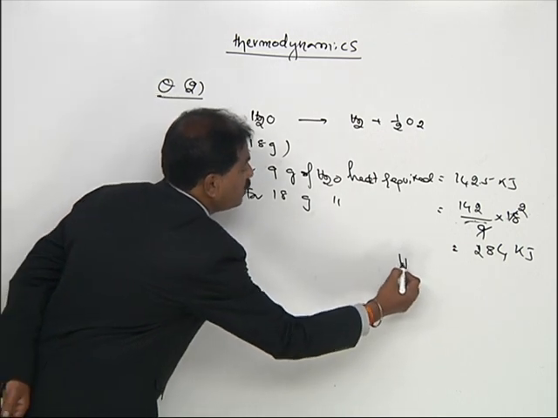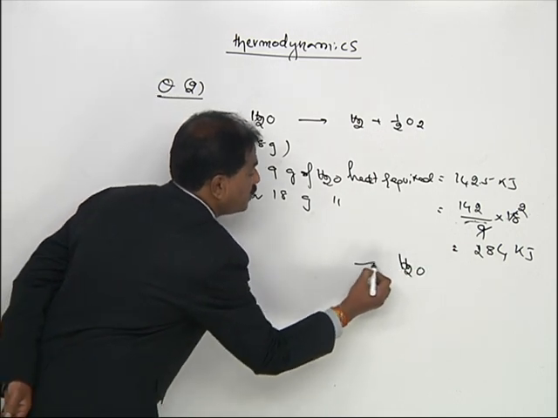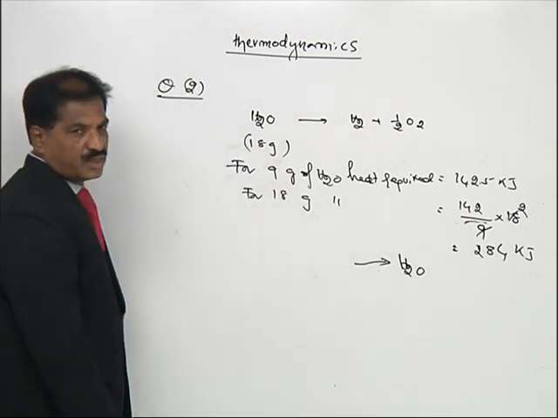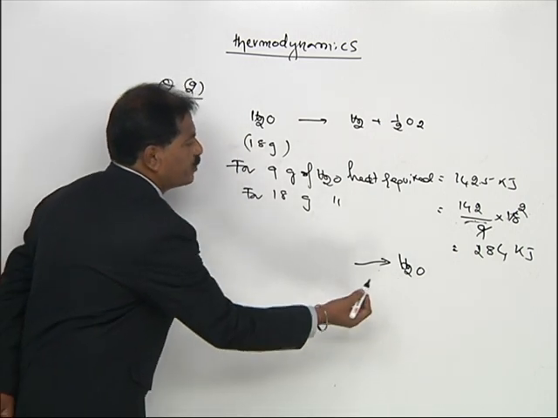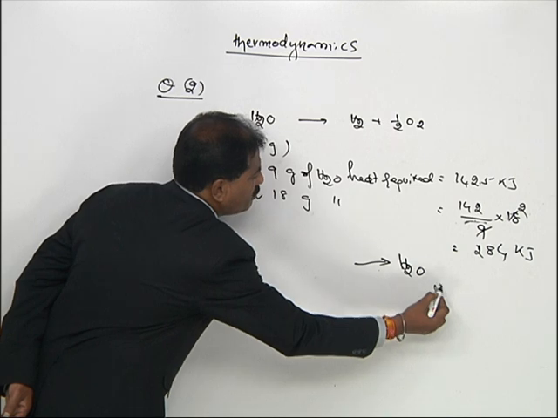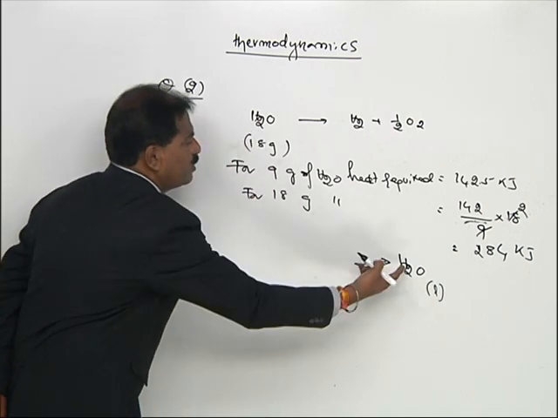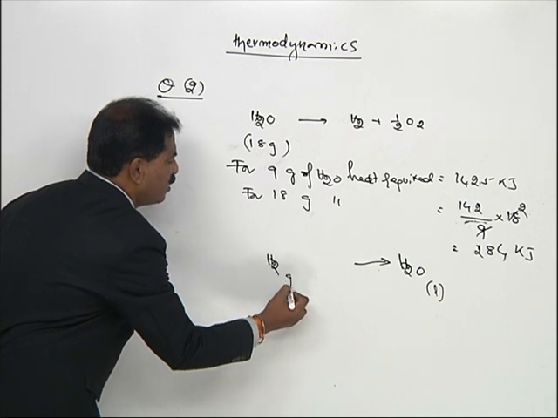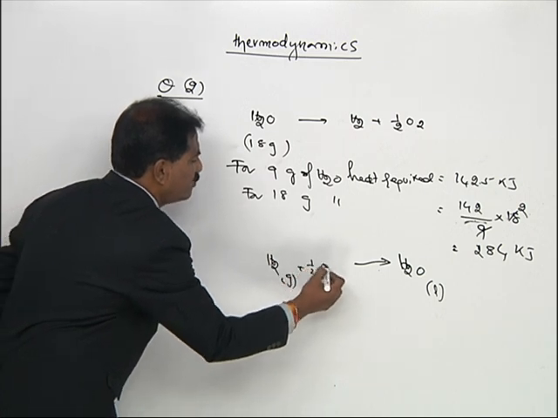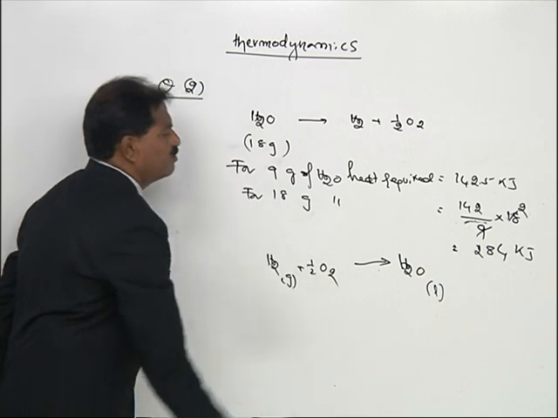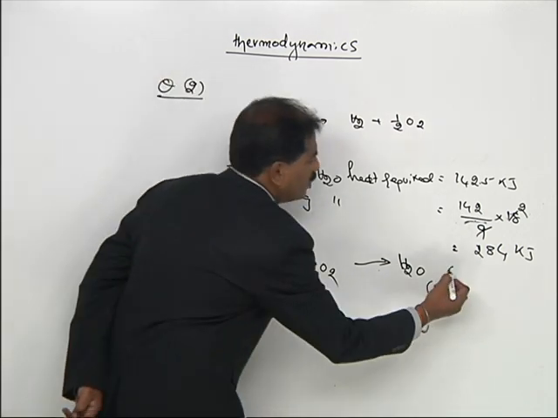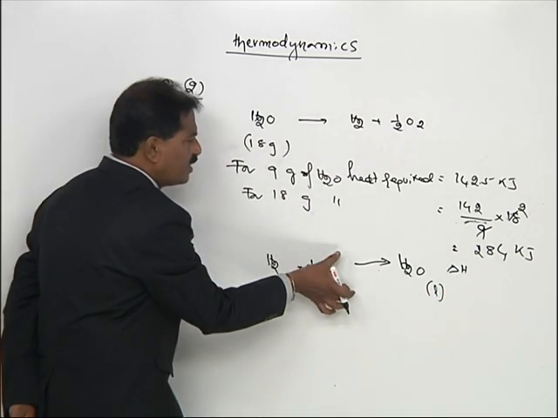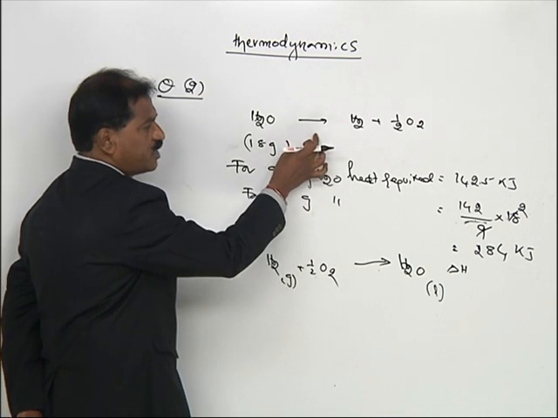In general, if you want to calculate the heat of formation of any compound, first represent the formation reaction for that compound. Let us represent the formation reaction for water. For 1 mole of water, the formation reaction is 1 mole of H2 plus half mole of O2. For this reaction, we want the heat change. This formation reaction is exactly opposite to the decomposition reaction.